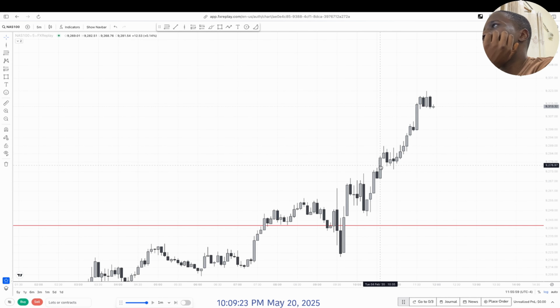Okay, so this fair value gap held, but keep in mind that these are the days before NFP because it's 4th February, which means the Friday of this month will be the first one, so there will be NFP news as well.